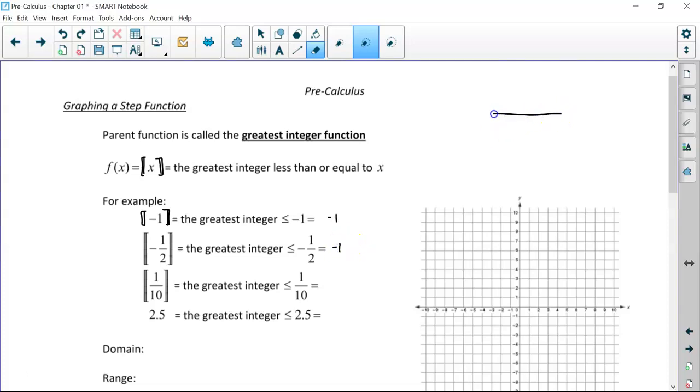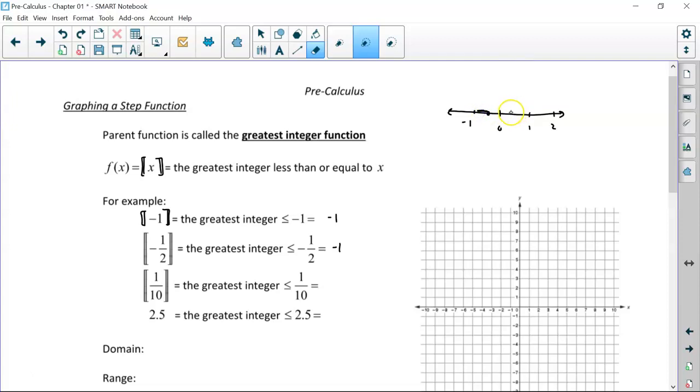If we think about the number line, so we have a 0, a 1, a 2, a -1. So if we're here at -1/2, the greatest integer that's less than or equal to that, it's not going to go to 0, it's going to go to -1.